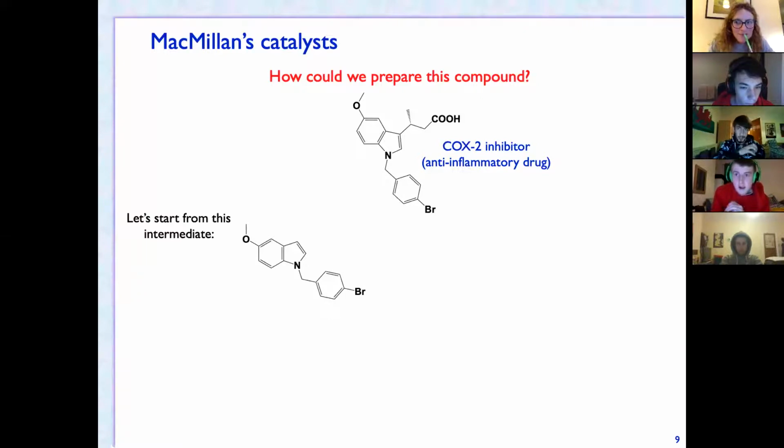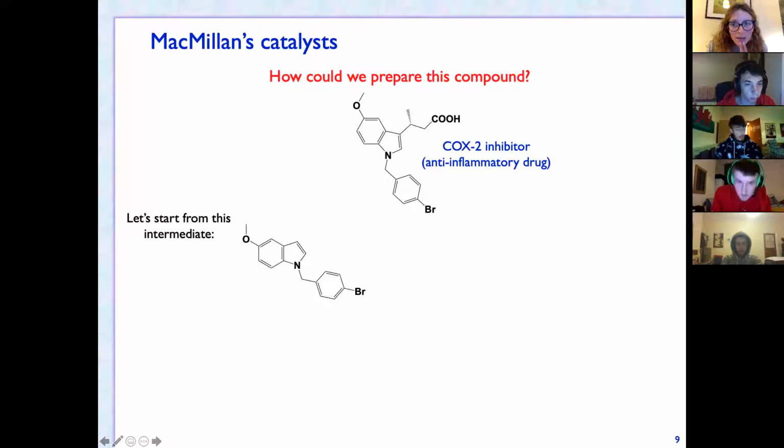Something with a bulky group to face the right way. So we said conjugate addition, right? What else do we need in our aldehyde for the conjugate addition to take place? A double bond. A double bond, excellent. An alpha beta unsaturated one.